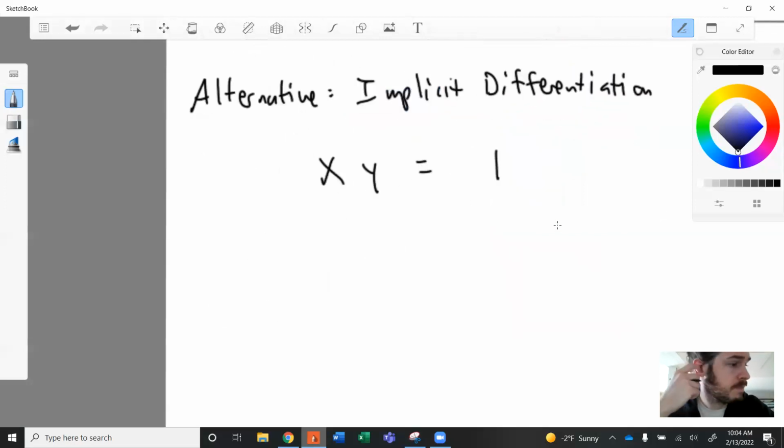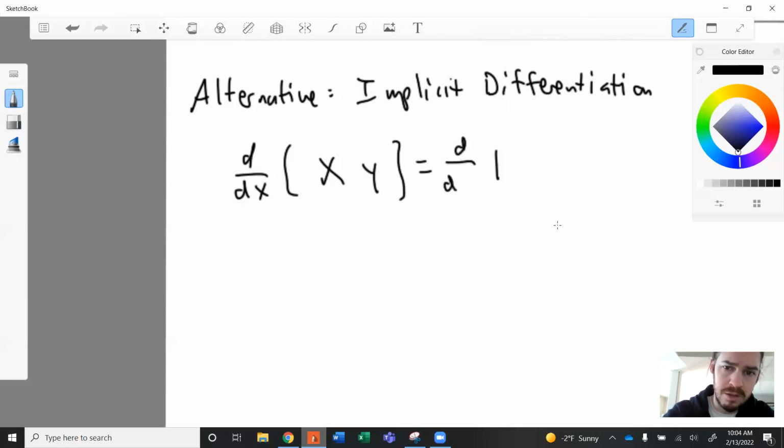So if I take the derivative of both sides of this equation, I can write that using operator notation. For example, we could write d over dx, using the Leibniz operator notation. That means now we have the derivative of the left side, and that will equal the derivative of the right side.